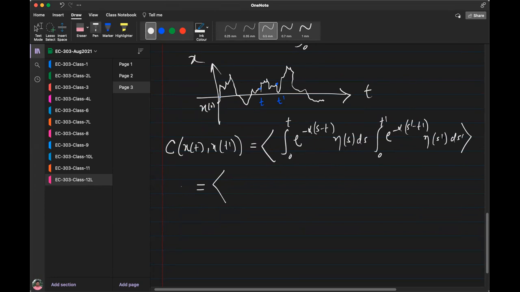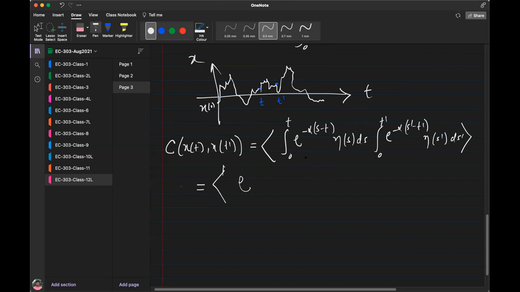Minus alpha s prime needs to be integrated. But minus alpha times t doesn't have to undergo integration at all. It's a constant. Likewise, minus alpha t prime doesn't have to go through integration. So I can just take that out. What we should have is e power minus alpha, t minus s.